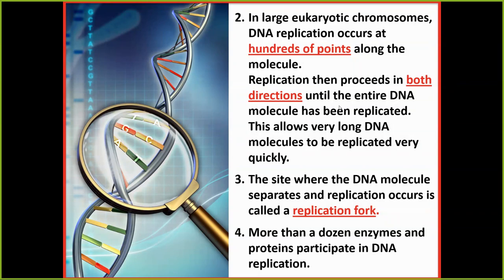And there are dozens of enzymes and proteins that participate in DNA replication because this is one of the core functions of DNA, and so it has to be done correctly.